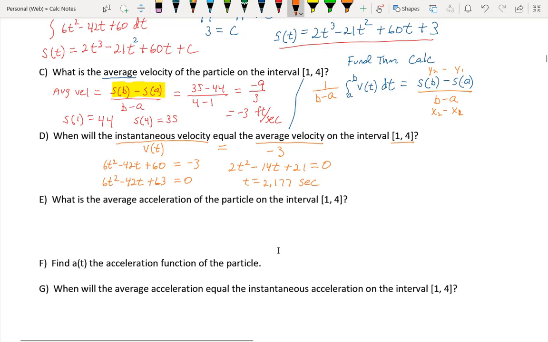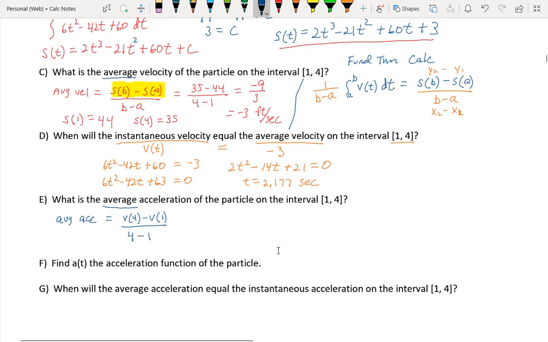All right. So it says, what is the average acceleration of the particle? So now, again, we're back to average acceleration. So average acceleration equals, to do an average, you use the function before it. So this is v of 4 minus v of 1 all over 4 minus 1.